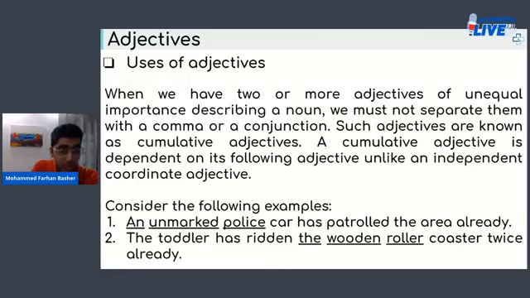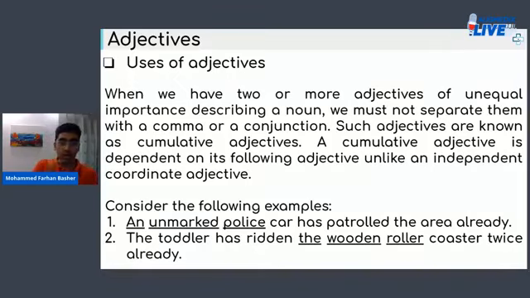An is dependent on unmarked. Follow this. If we dropped unmarked, we would just say a police car, right? Okay, so an is dependent on unmarked. Unmarked is dependent on police. Which is why an unmarked police car.